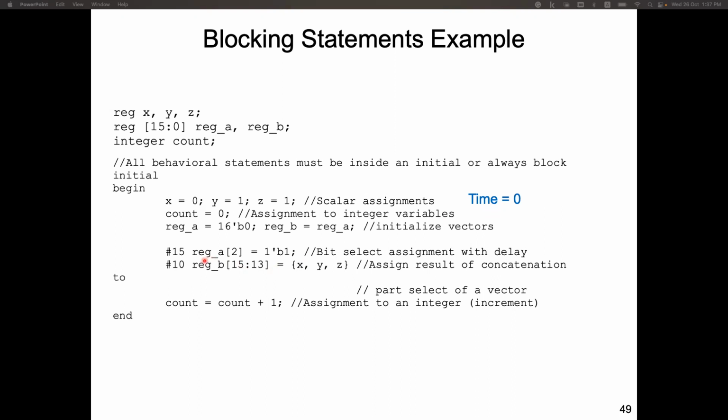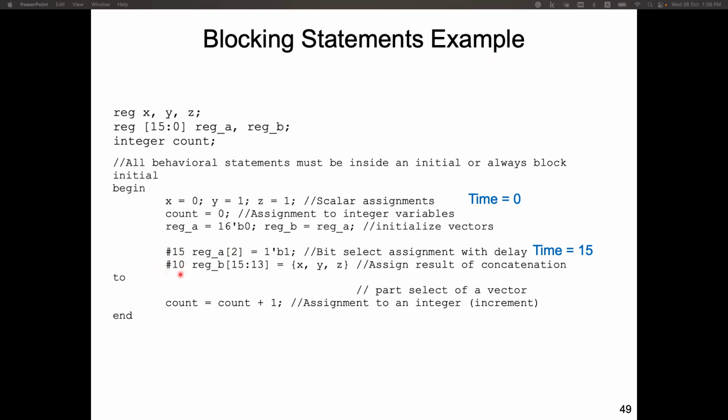Then there are some assignments. And then here we have a delay control. For register A, the third bit is assigned to 1 at the time of 15. After this statement is executed, the simulator will execute the next statement.